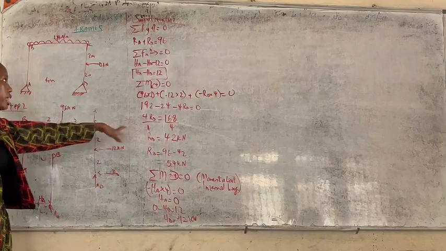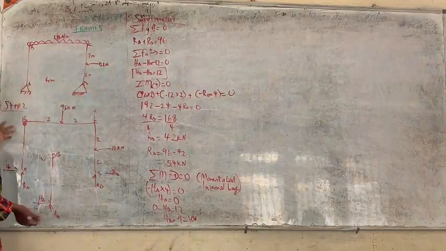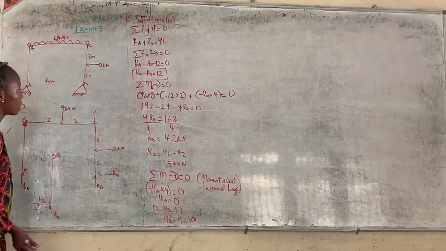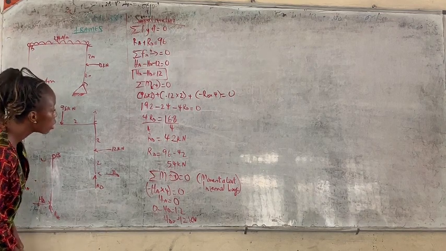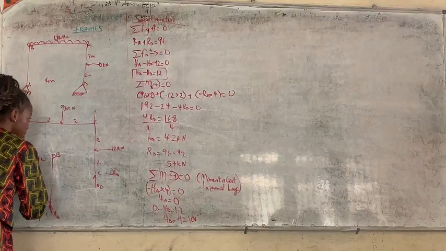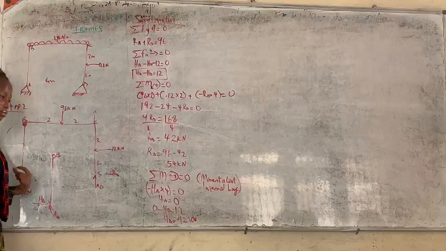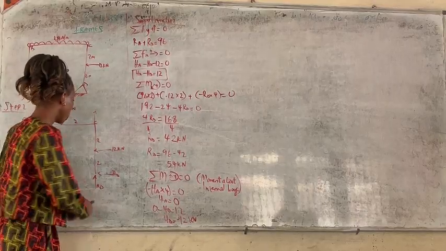So now the next thing is to put everything back on our list. Our HA is 0, so it's not going to have any effect. Our RA is 54 kilonewton. It's positive, so the direction we chose is correct. Our RD is 42.